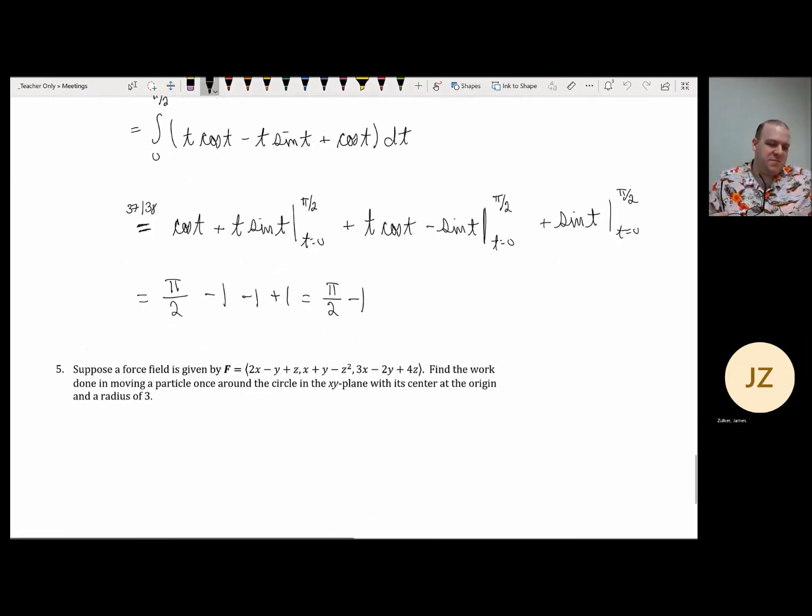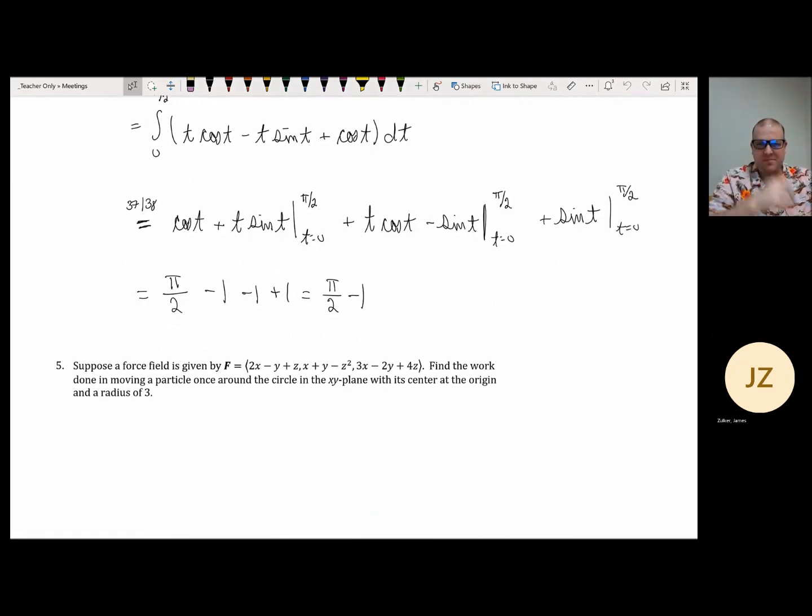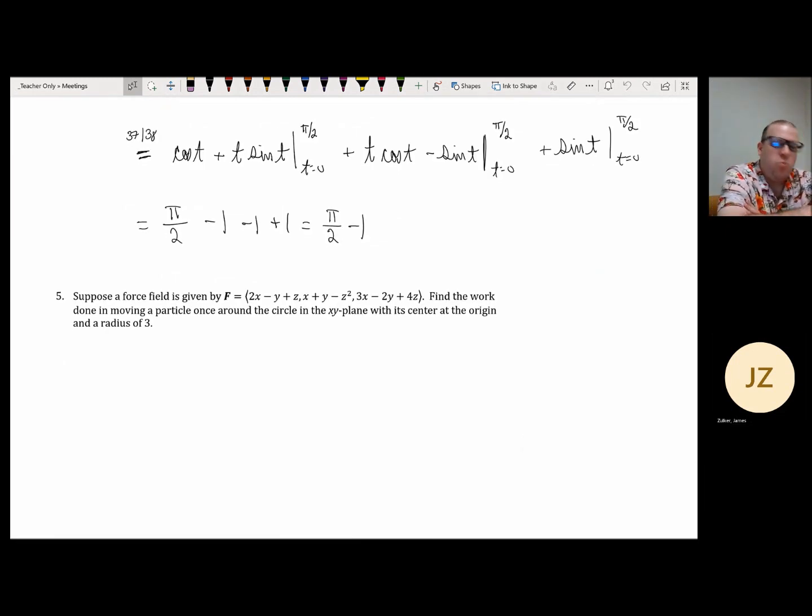Suppose a force field is given by that not as nice looking force. You want to find the work done in moving a particle once around the circle in the XY plane with its center at the origin and a radius of 3.